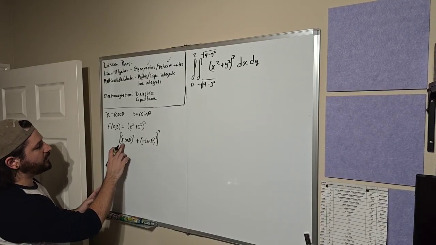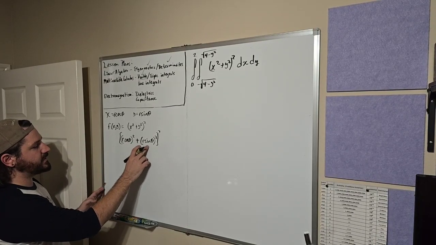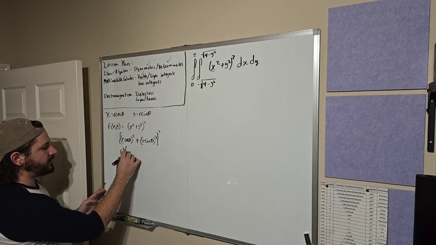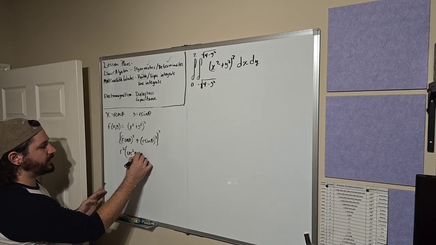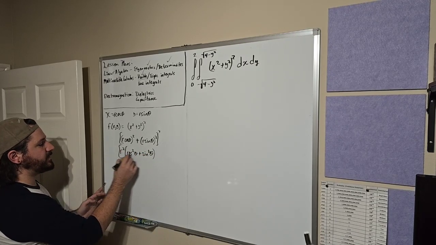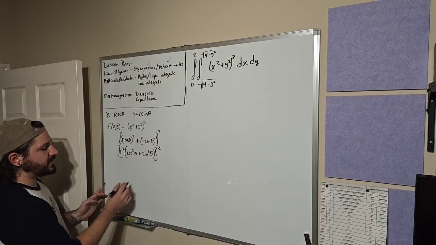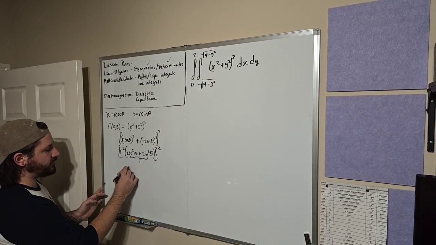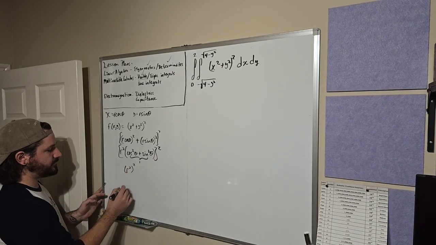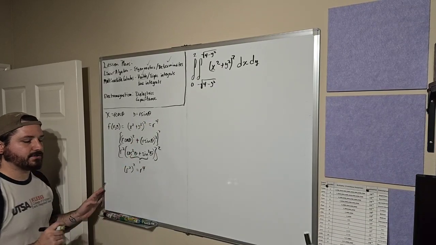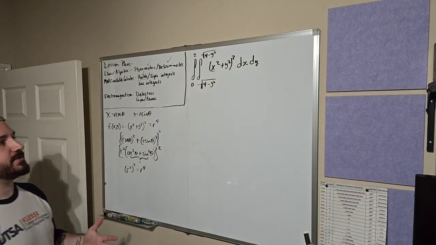So here, r squared cosine squared plus r squared sine squared, you can factor out your r squared. So you have r squared times (cosine squared theta plus sine squared theta). Now hopefully that looks really familiar to you, because if it does, you'll recognize this just turns into 1. So now I'm left with (r squared) squared, which is r to the 4th. So our function turns into r to the 4th in polar, which is much easier to deal with.